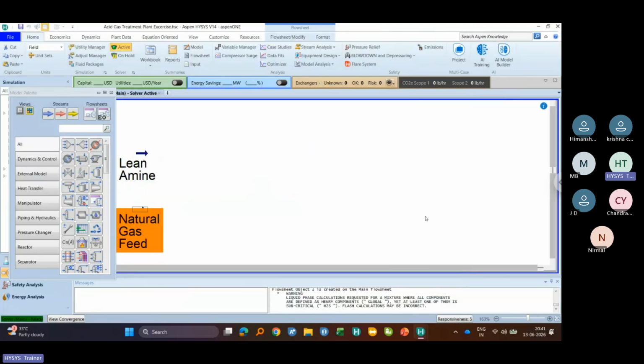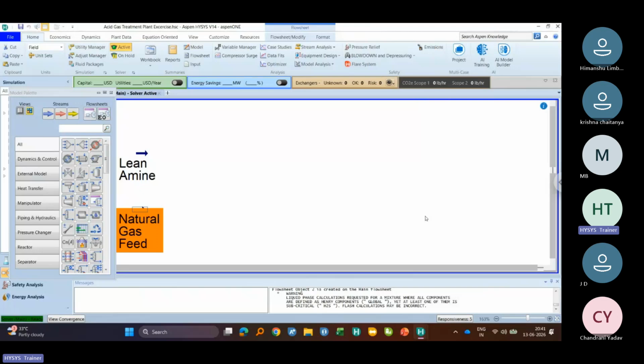So we are done with these two material stream simulations. The first one is lean amine and the second one is the natural gas stream.